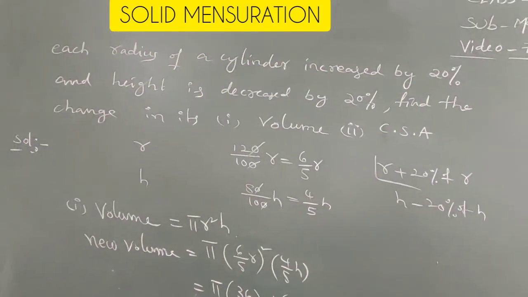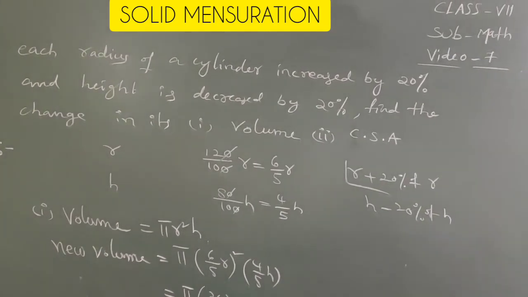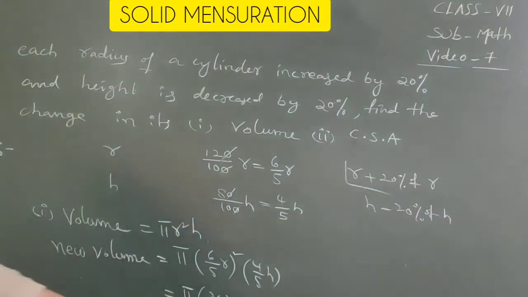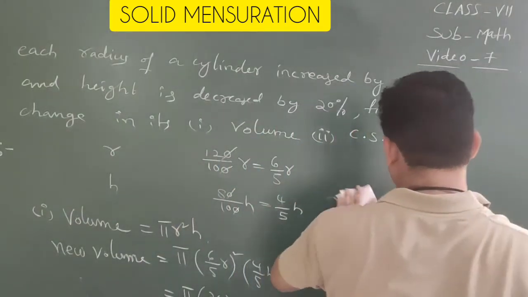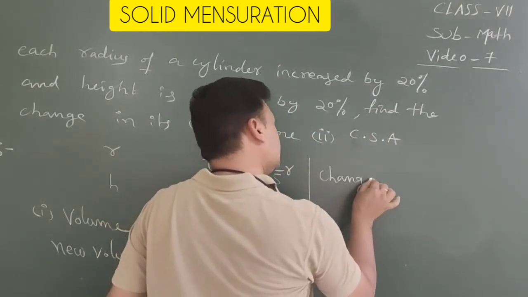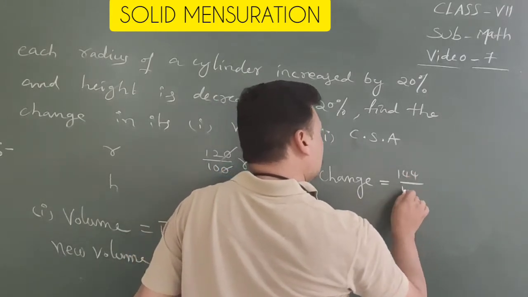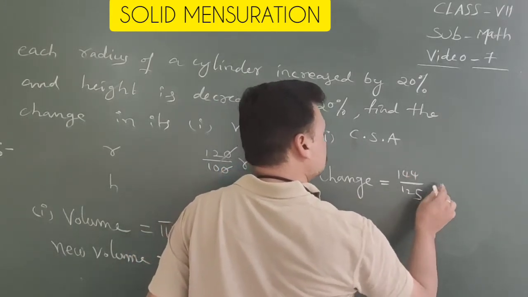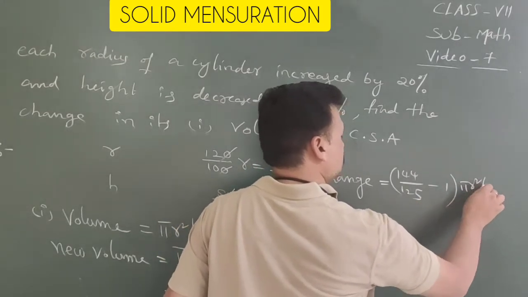Now we need to compare the new to the old. I will compare once again. Here the change is 144 by 125 minus 1 of pi r square h.